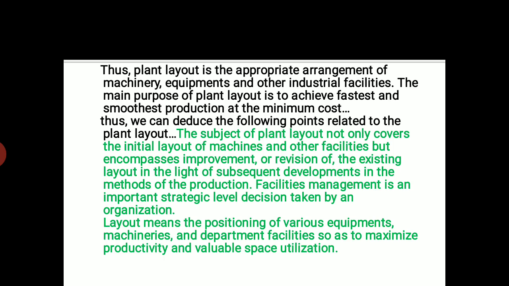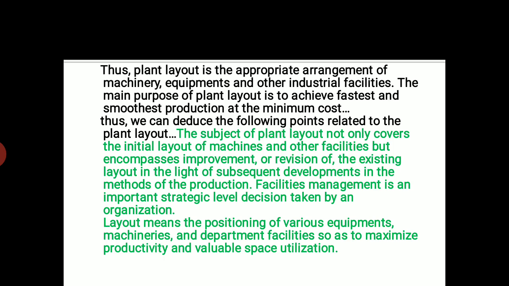For that, whatever arrangement, whatever facilities we arrange, or the proper placement of the things, is said to be a strategic level decision, which is generally taken up by the higher level authorities. The purpose again remains the same, that it wants to have the convenient production there.